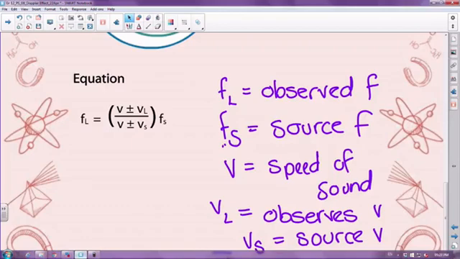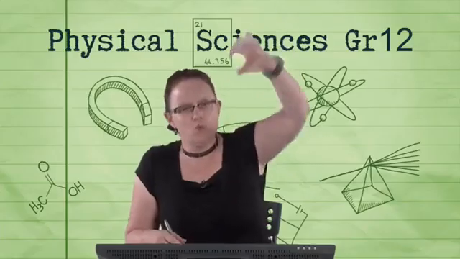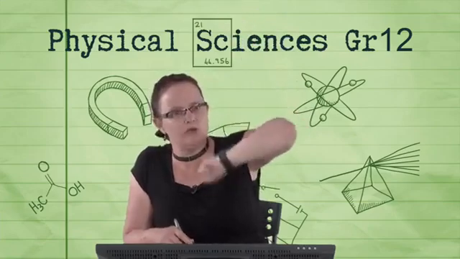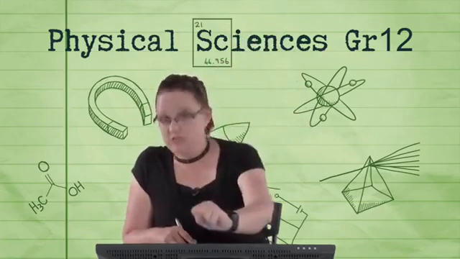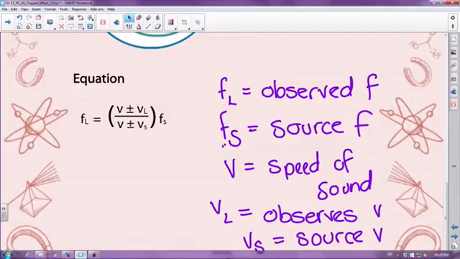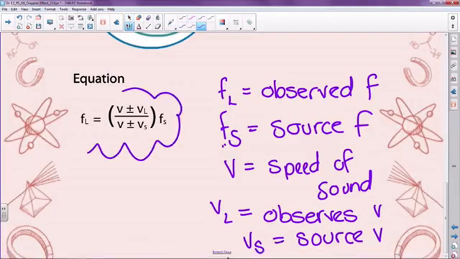And we'll talk about that when we do an example. I think that's the best place to put it, because to do it now might just confuse you guys a little bit, but you've got to remember that coming towards each other, increased frequency, going away from each other, decreased frequency. The nice thing is this is given to you, and you always start from there.